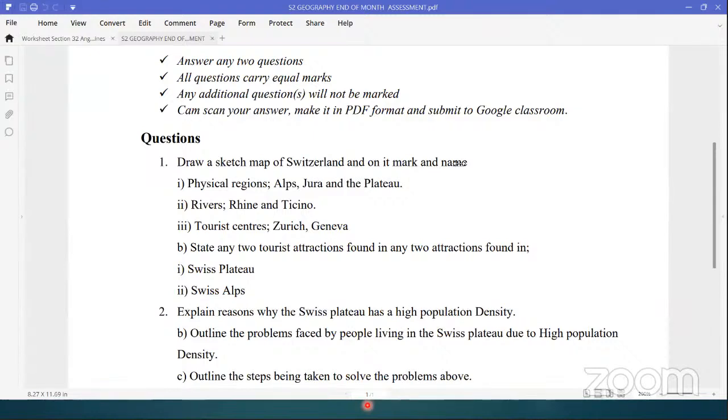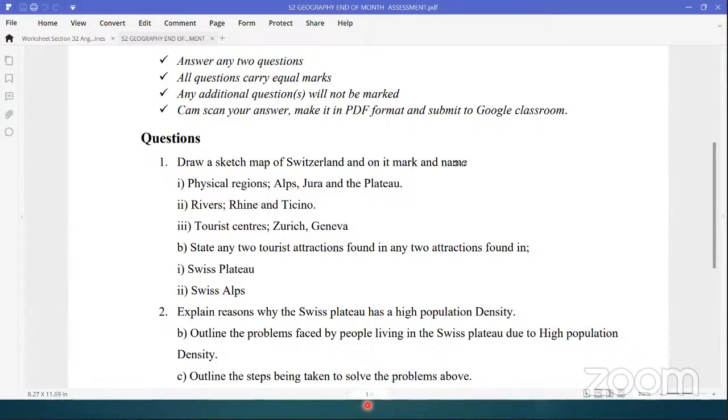That attracts people because they know that all their investments are protected. So not only the Swiss Plateau, but Switzerland in general is politically stable. So many people like investing there because their property is protected.